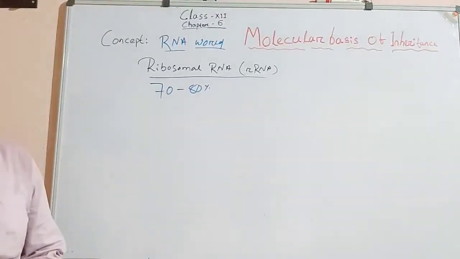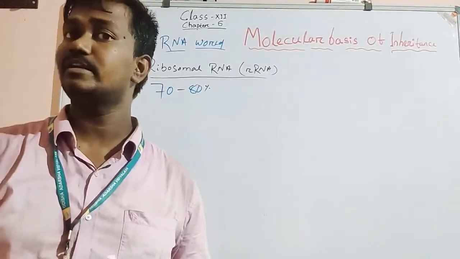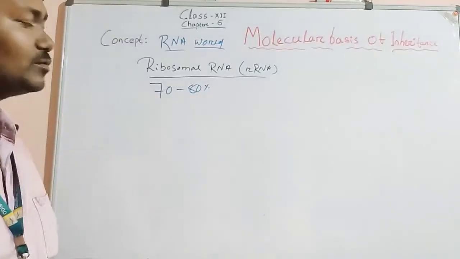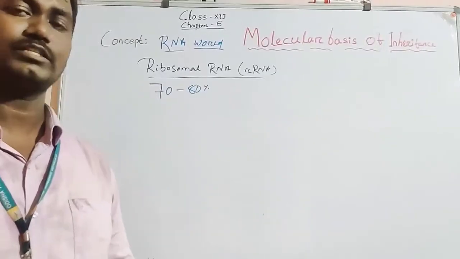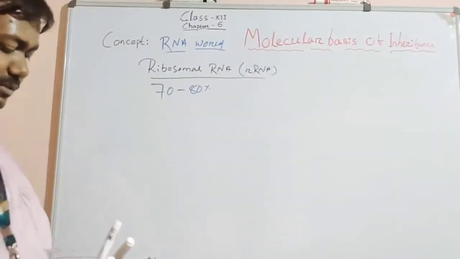According to the sedimentation coefficient, ribosomal RNA in prokaryotes is of 3 types and in eukaryotes it is of 4 types.